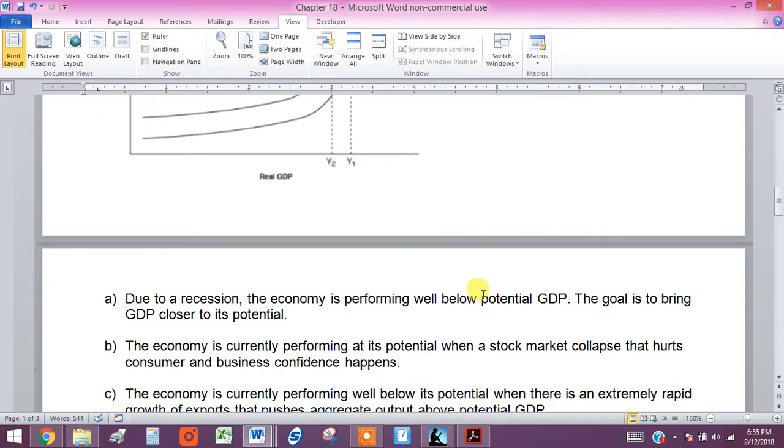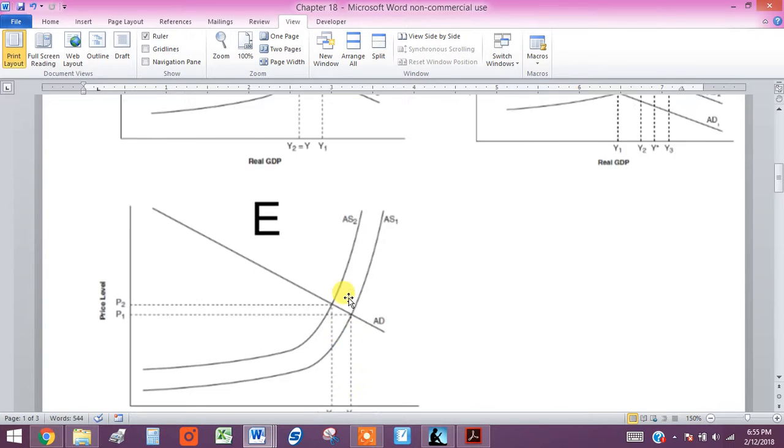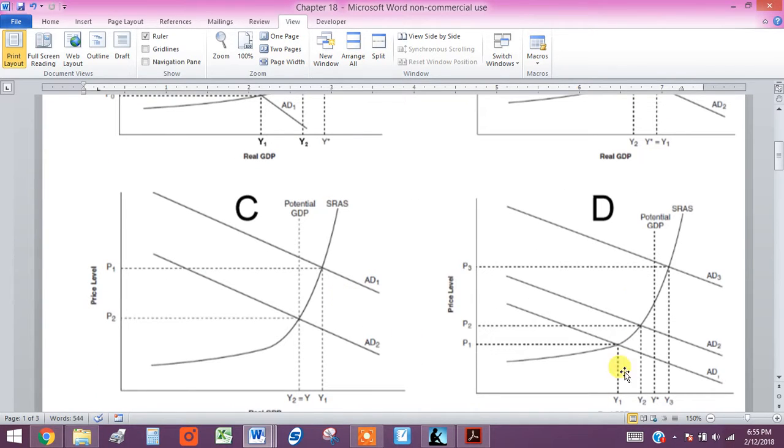Now, it also says that the goal is to bring GDP closer to its potential. So not at it, but closer. The only one that brings it closer without going over it, because if we look at graph D right here, we actually end up above potential at Y3.